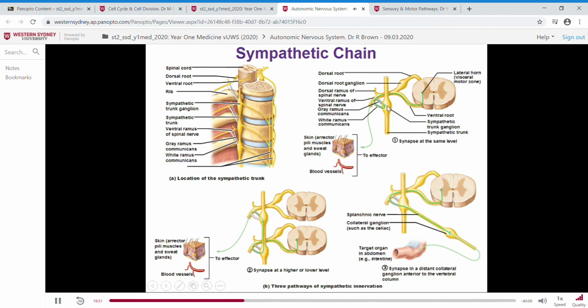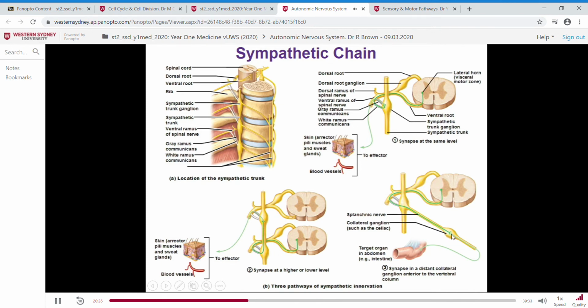synapses with the postganglionic, out it goes, and off to its target organ, so the blood vessels or the sweat glands. Or, as we said, it'll come out of the central nervous system, in through the white ramus, synapses up here, out the grey ramus, and again off to where it needs to go, or it'll come out from the central nervous system here, in through the white ramus, through the trunk, and straight out, okay?